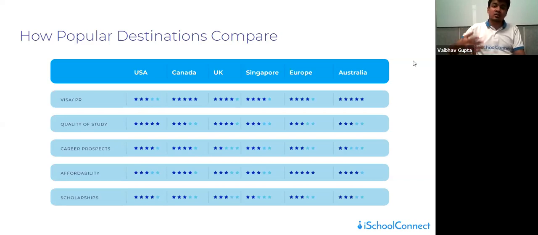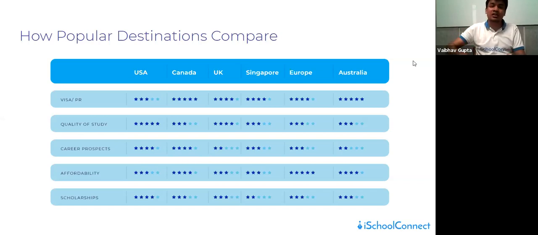So if I have to rank various countries on these 5 parameters, this is how it will be. USA ranks very high among all these countries. USA ranks the topmost when it comes to quality of study and career prospects. So I've given a 5-star rating on quality of study and career prospects, but USA is very strict when it comes to visas and PRs.